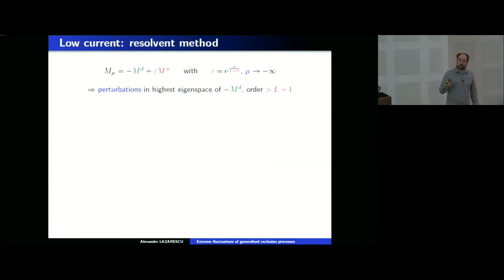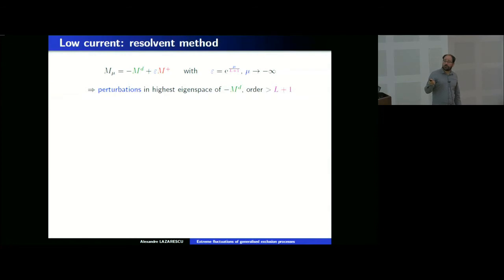Now, things get more tricky in the low current limit. In that case, the dominant part of the biased Markov matrix is the escape rates, but that part is constant, so it's not very useful to take a Legendre transform of it. Which means that I need the first correction in mu of that largest eigenvalue. And the way I do that, so now I have an exponential of mu over L plus 1, which is a very small epsilon.